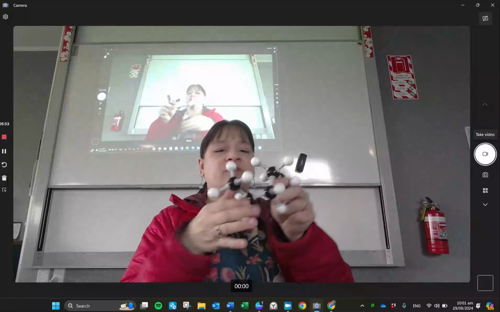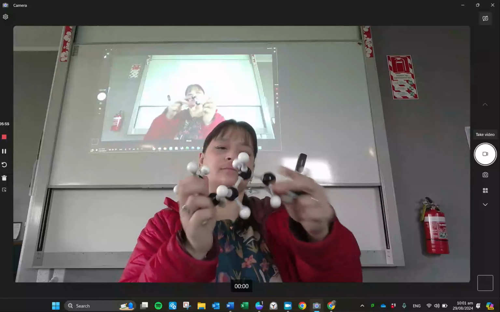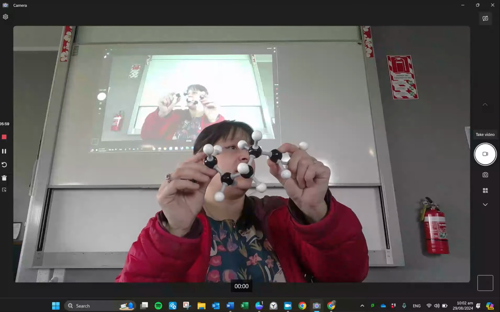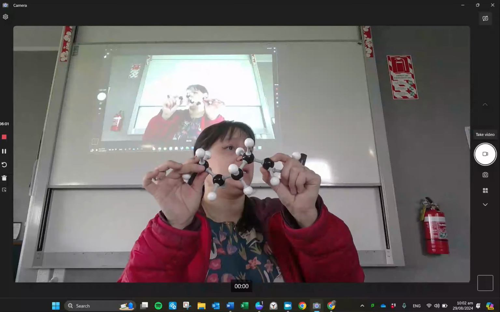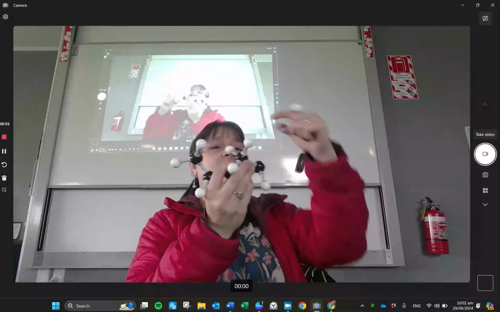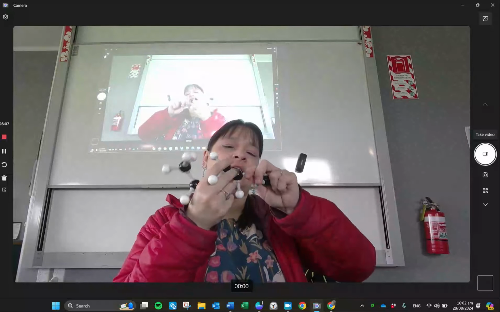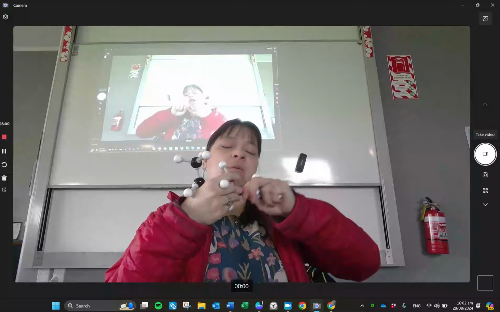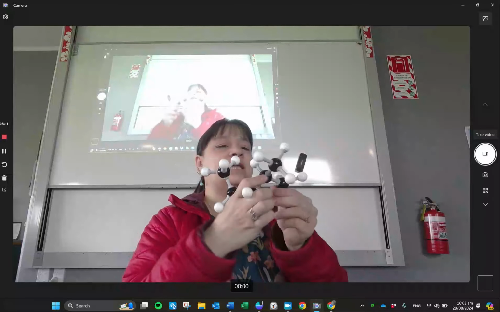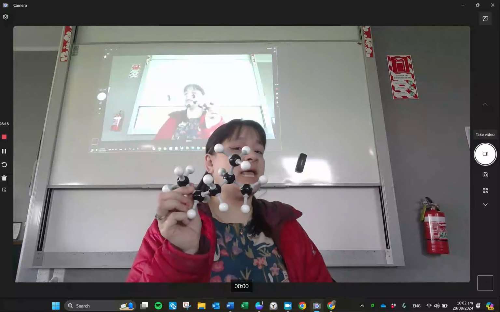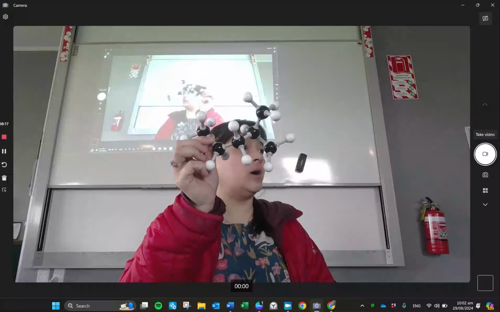I can't put it back onto the first carbon or the end carbon, because then it's still hexane. So I go to the next carbon, take one of these hydrogens off, move the end carbon here, and now I have a methyl branch. Same formula, different bonding pattern.